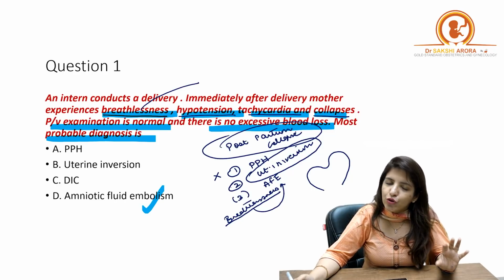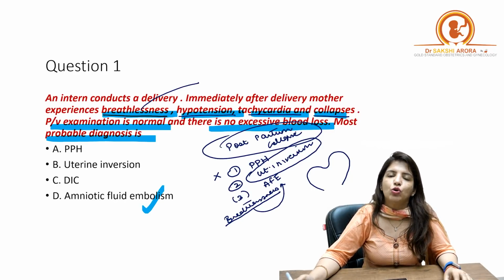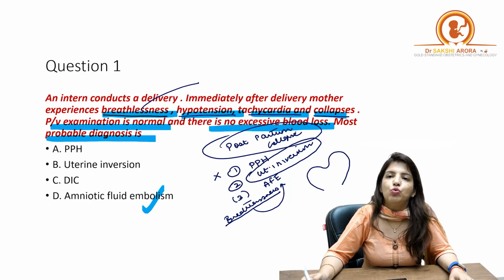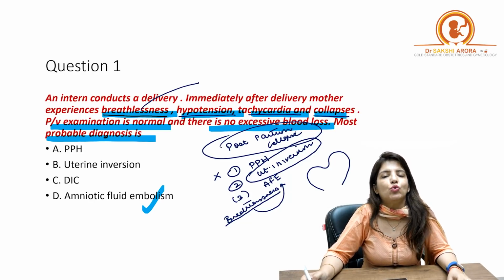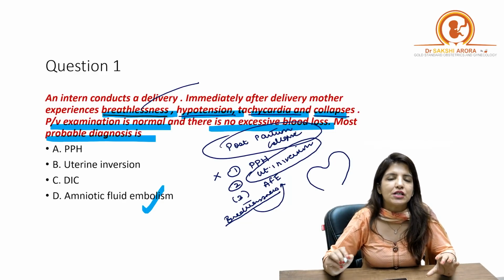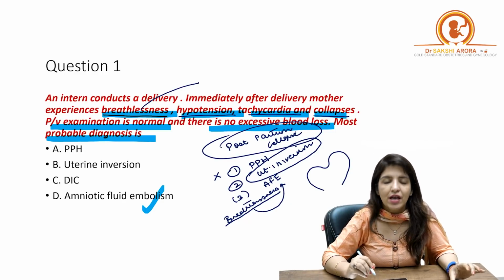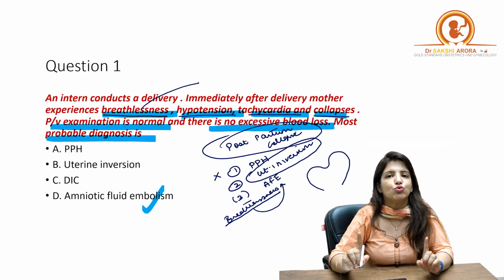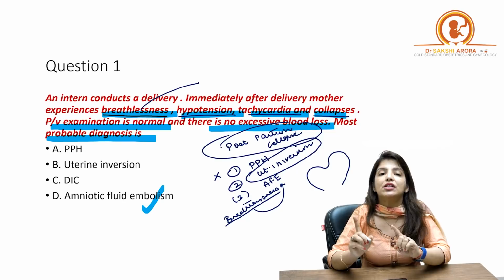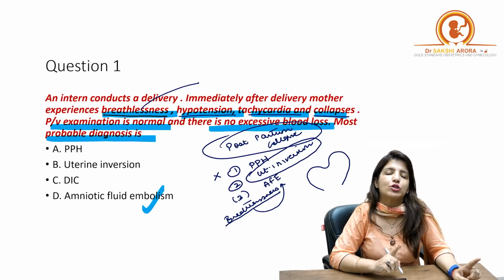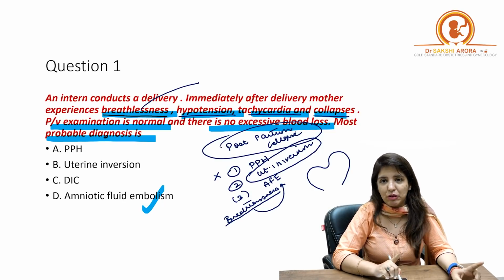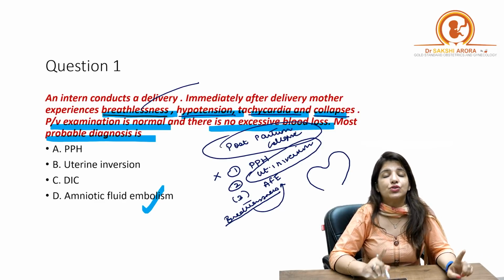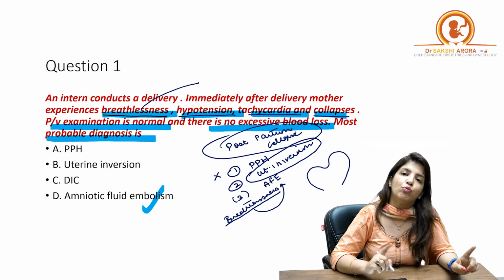Now, there are a few students who told me that, ma'am, the question was not this. The question was that there is a female who delivers and she immediately goes into shock. There wasn't a mention of breathlessness. Now, if the question was that a patient goes immediately into shock after delivery and breathlessness has not been mentioned, nothing else has been mentioned there, then as I have repeatedly told you, your answer will be uterine inversion.